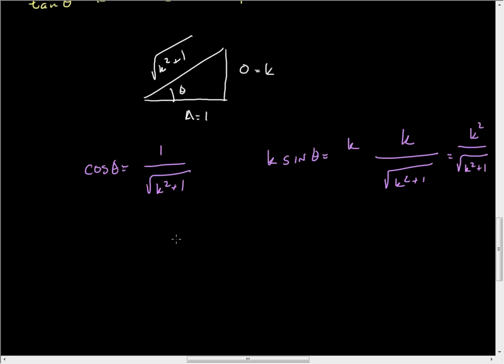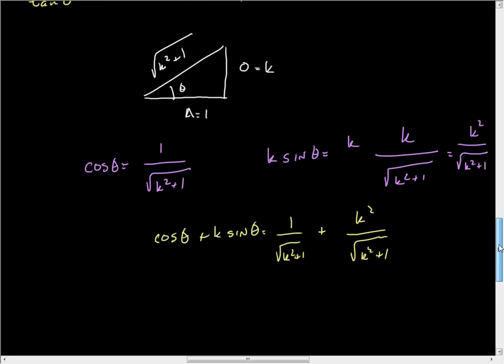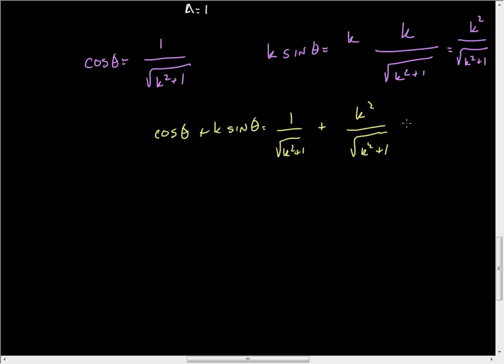Combining these two, cosine theta plus k sine theta is equal to 1 over square root of k squared plus 1 plus k squared over square root of k squared plus 1. When we add those together, we get k squared plus 1 on top over the square root of k squared plus 1.